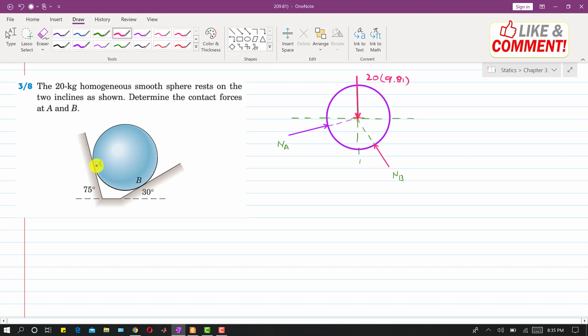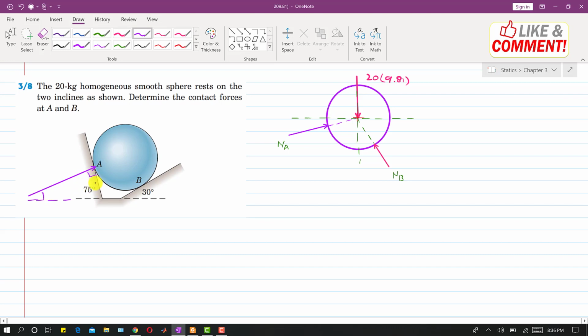If I draw that contact force at this point A again and extend it, and extend this line as well, so if this is 75 degrees and this is 90 degrees, since this contact force is perpendicular to this, what is this angle?